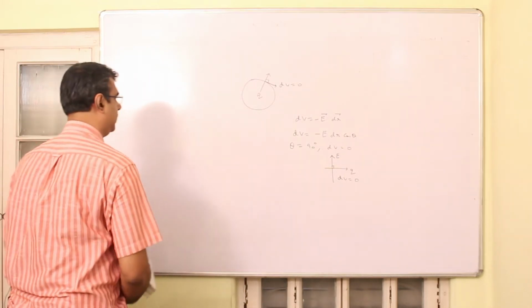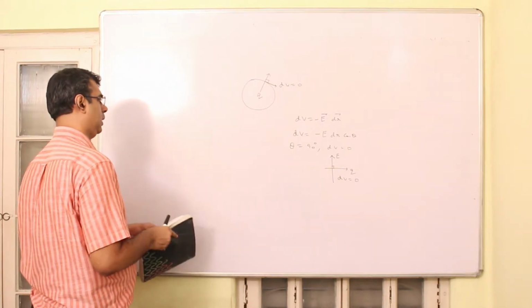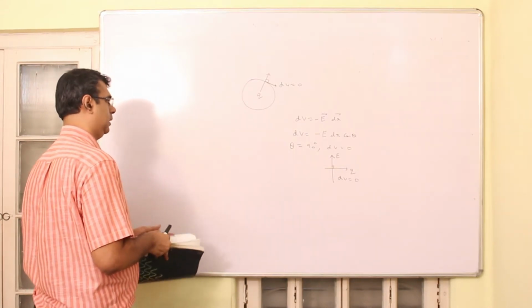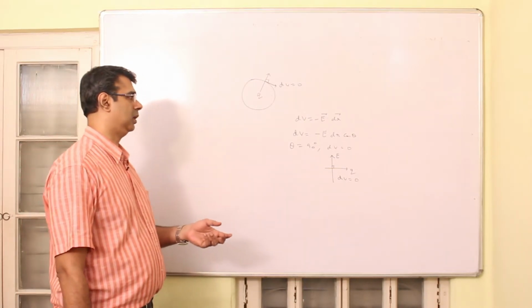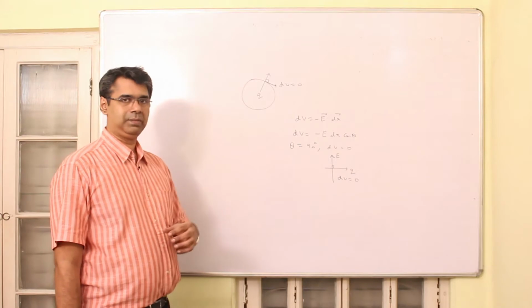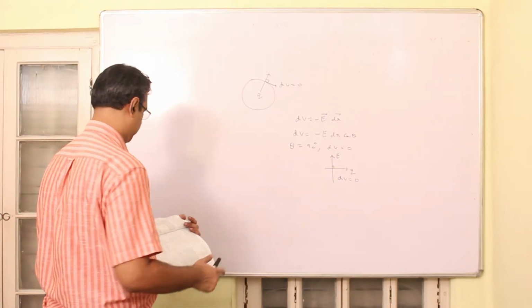There is another way to use this result dV equal to minus E dot dr. I was telling you that you may know the field, but you need to find the potential. Sometimes the converse may happen. You may know the potential and you may need to find the field.